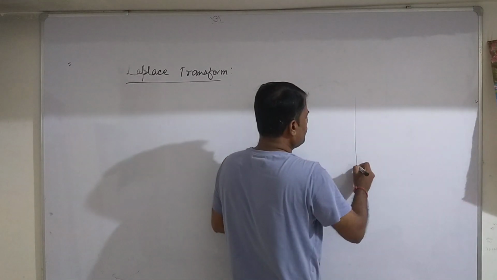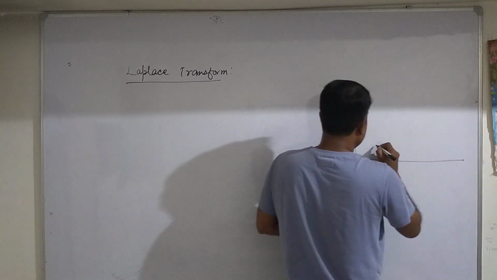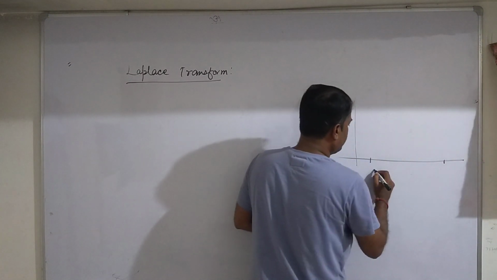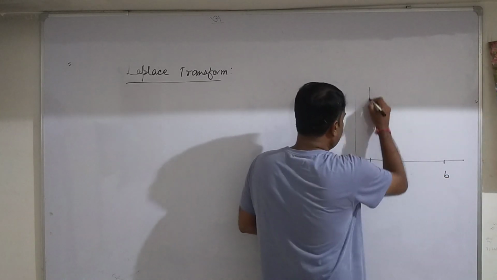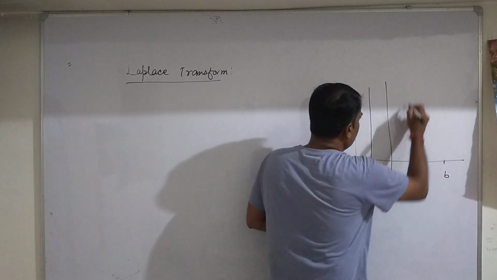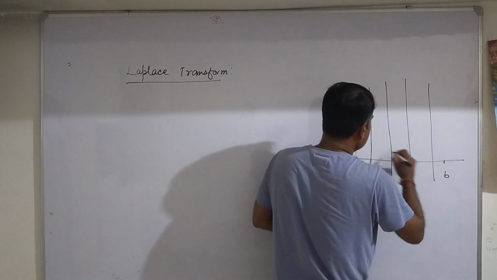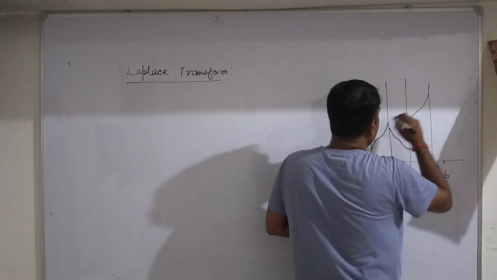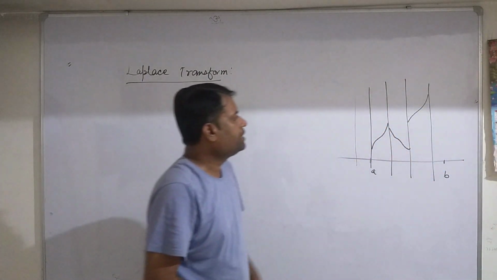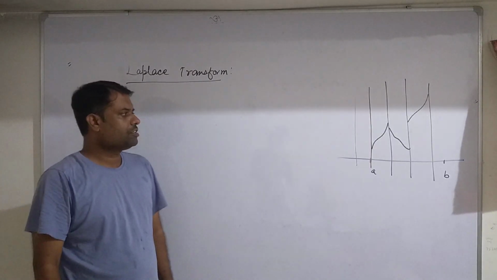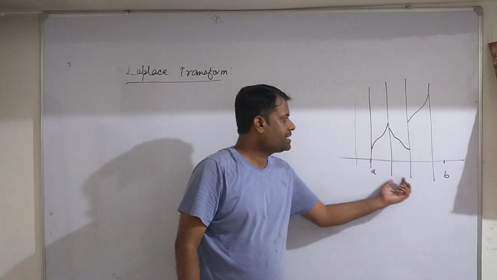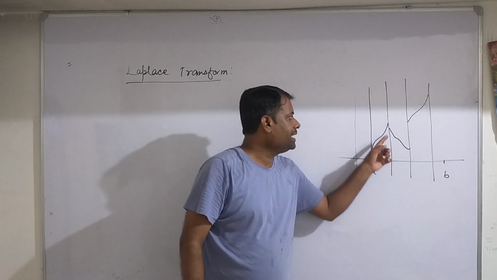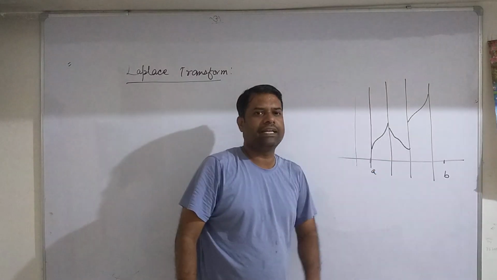The piecewise continuous function is, suppose that this function is defined between the interval a and b. If we define the domain in subintervals, and the function is like this. So this is called the piecewise continuous function because we can see that the function is continuous in the subinterval, but it has a finite left and right hand limit.